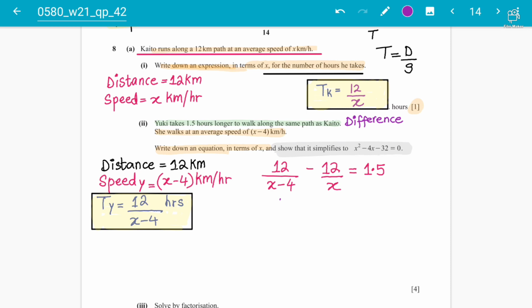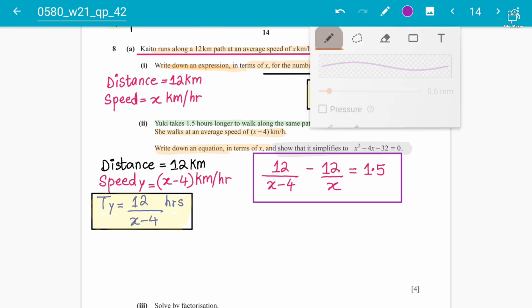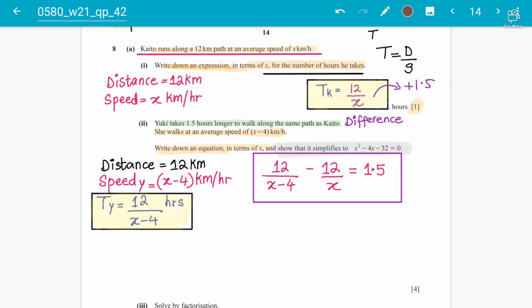So you can add 1.5 hours to Cato's time to get Yuki's time, or in other words, subtract Cato's time from Yuki's time to get 1.5 hours. This is the equation. You solve this and get the simplified expression x squared minus 4x minus 32. I'll repeat it again.